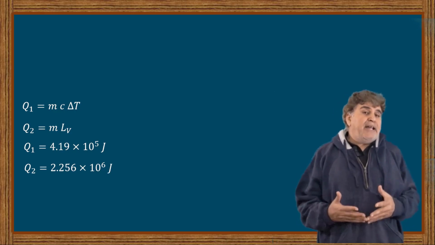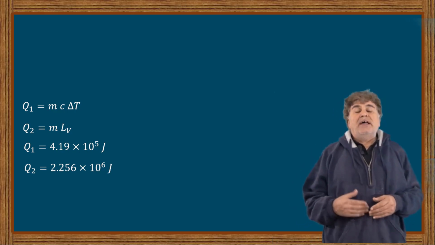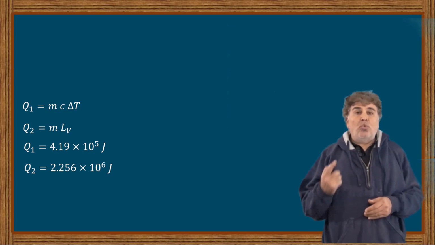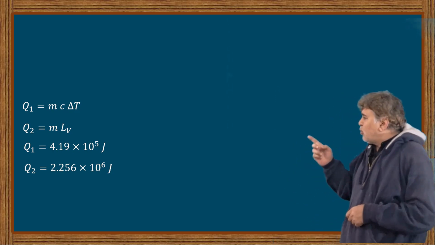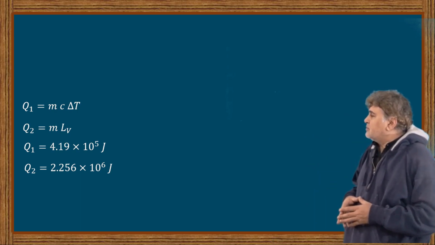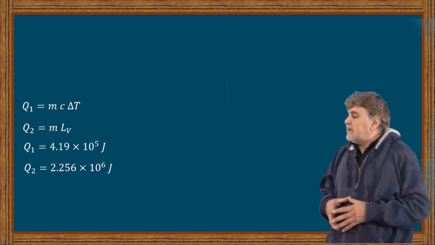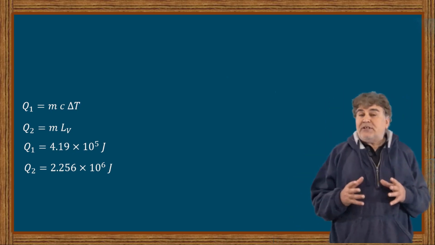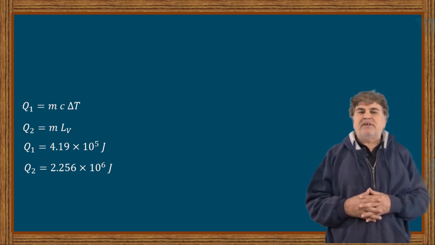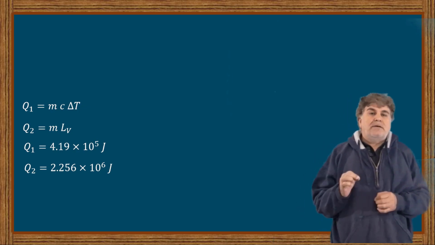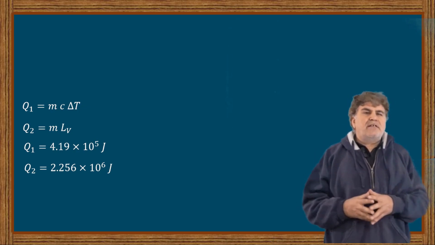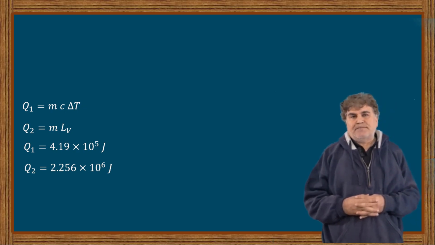Similarly, the amount of heat Q2 needed to evaporate completely 1 kilogram of water is given by 2.256 times 10 to the power 6 joules. You see, there is a huge difference between these two values of heat. So let us try to understand the reason for this difference.